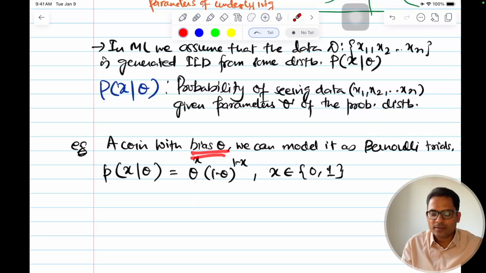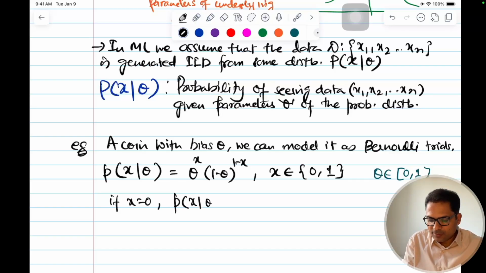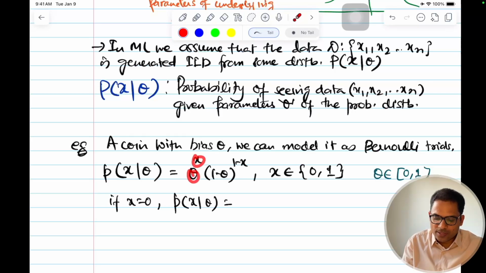So this will be the probability of seeing heads or tails. So this will vary between 0 to 1, so theta belongs to 0 to 1. And we have seen the Bernoulli distribution. If, for example, x is equal to 0, what will this become? Probability of x given theta: theta to the power 0 is 1, and 1 minus 0 is 1, so this will become 1 minus theta.